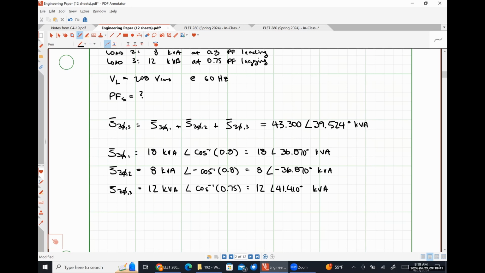So how do we get the power factor at which our source is supplying power under the assumption here that our transmission lines are of negligible impedance? Yep, so cosine of 39.524 degrees.